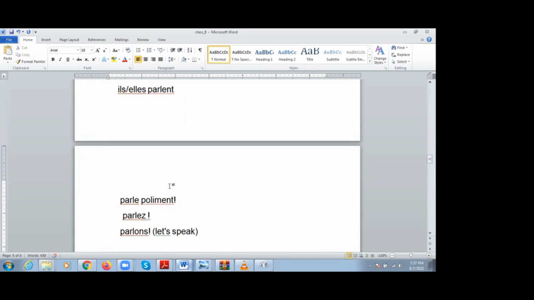If tu conjugation in present form ends with es, you have to remove s from it and keep it till e in case of imperatives. Parle poliment, speak politely. Parlez poliment, speak politely. Parlons poliment, let us speak politely.